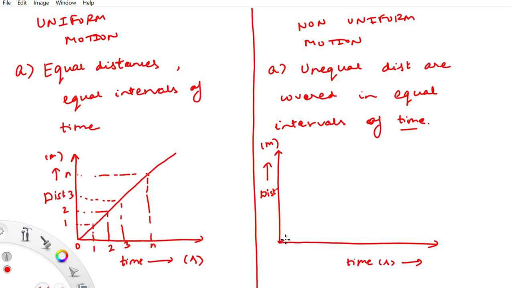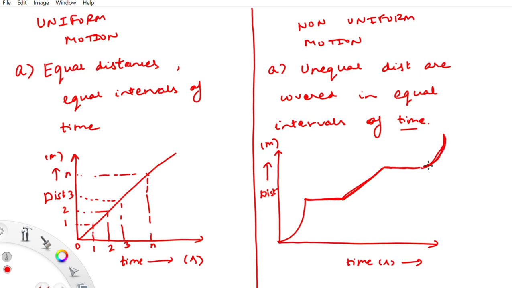Then maybe there's no change in distance. Then maybe there's some kind of a linearity over here, right? Then maybe there is again some kind of pause. Then again the motion spikes up.